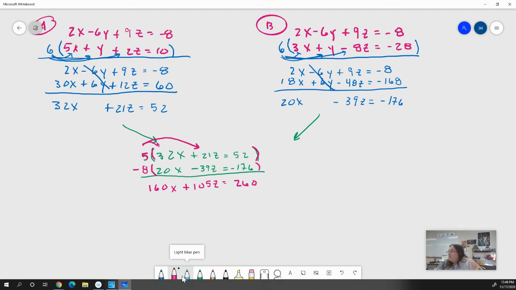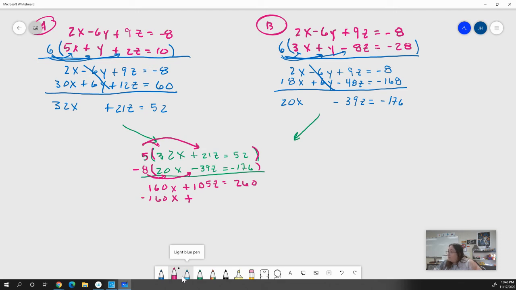We're going to distribute that negative 8 through. We know by design that negative 8 times 20x equals negative 160x. It's by design because we want the x to drop out. Negative 8 times negative 39z, we know it's going to be positive because a negative times a negative equals a positive.